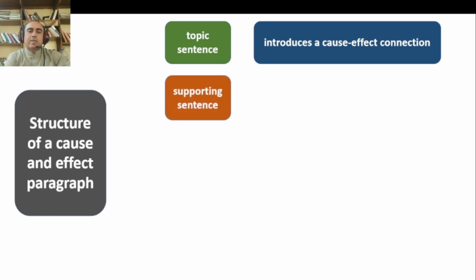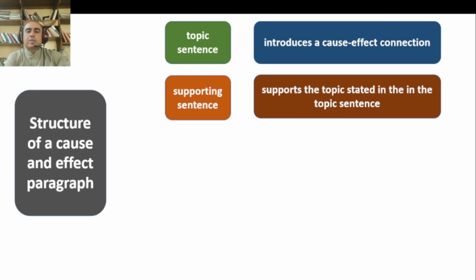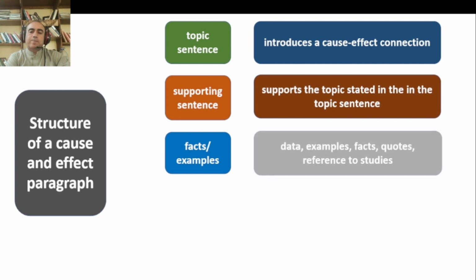Then supporting sentences to that topic sentence, one or two or more, they explain and support the cause and effect relationship that you have spoken of in the topic sentence. Then you come up with facts and examples that endorse your supporting sentence.